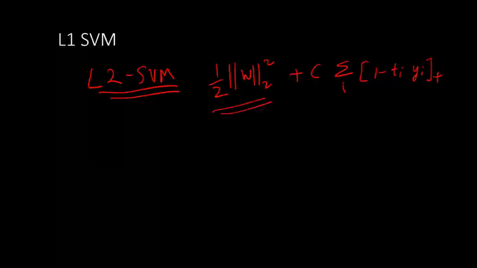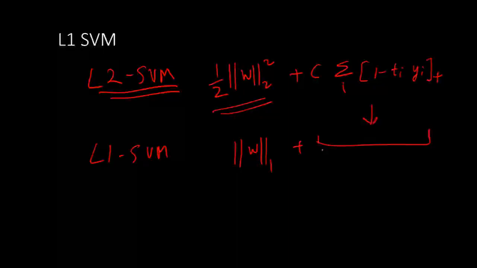Here we are shrinking the L2 norm on W. Instead we can have an L1 SVM where we have the first norm of W, and the second term remains the same, whatever is the hinge loss. So this is your hinge loss. For some penalty, here you can have lambda.